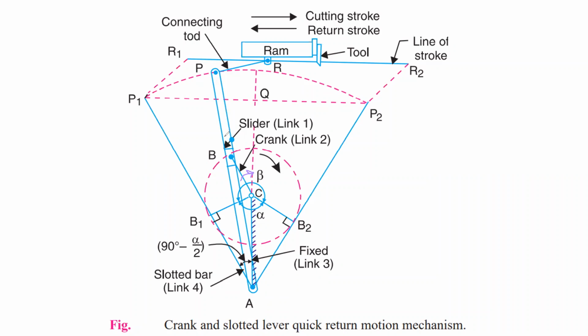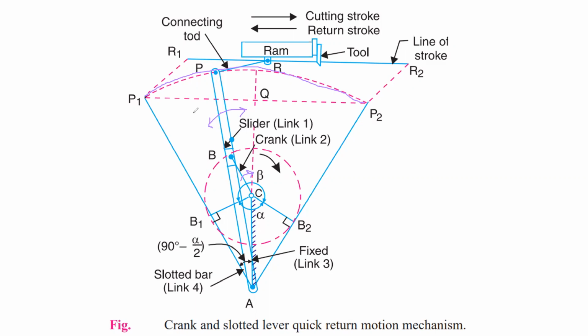It is a slotted lever, and this slotted lever will oscillate between the points P1 to P2 like this. It is the path of the slotted lever, P1 to P2, and the path of the crank is a complete circle.